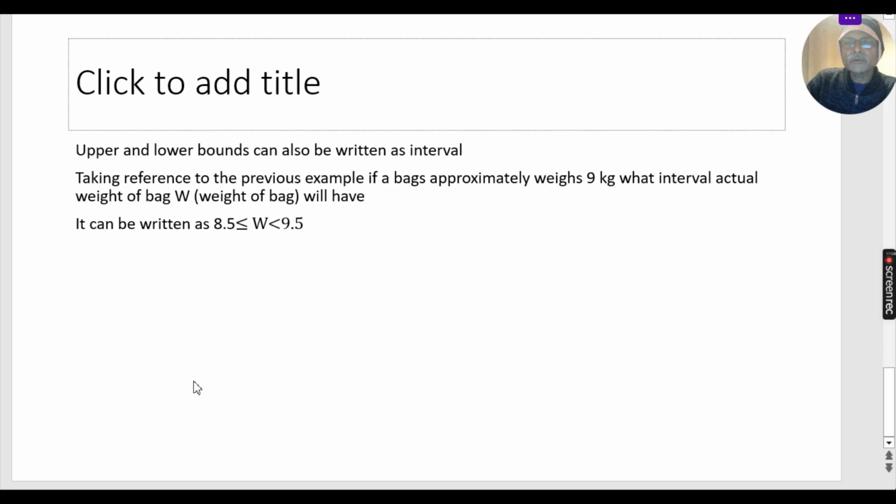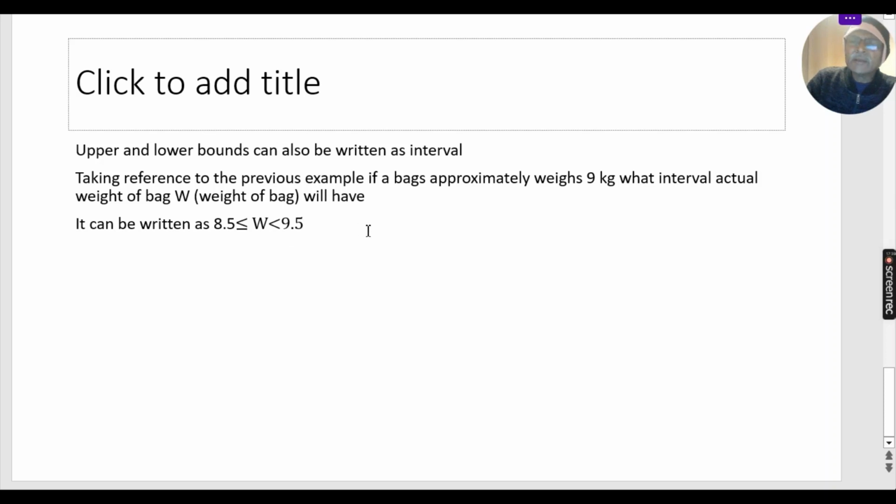Now let us move to upper and lower bounds. They can also be written as intervals. Interval means, again, the range, but the way of writing is slightly different. Same example which I have taken previously with the rounded number. Let me say the weight is 9 kg. The approximate or rounded weight is 9 kg. What interval will the actual weight W of the bag have?